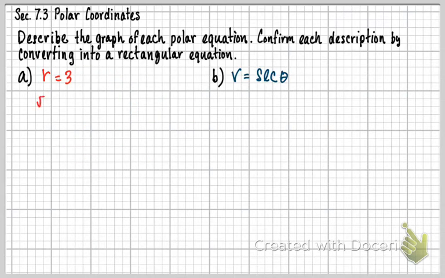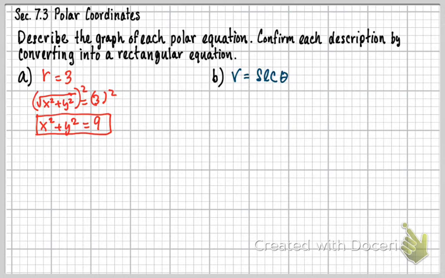So that gives me the square root of x squared plus y squared equals 3. And then what do I do to both sides? I square them. So then that's going to be x squared plus y squared equals 9, which is the equation of a circle of radius 3. So there is my rectangular form for the first one.